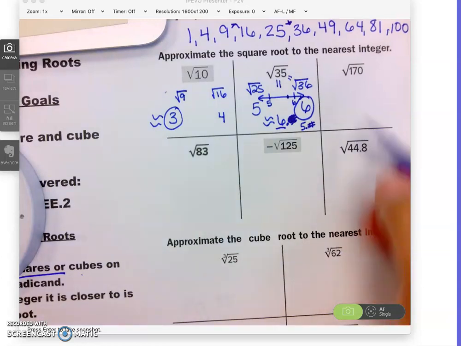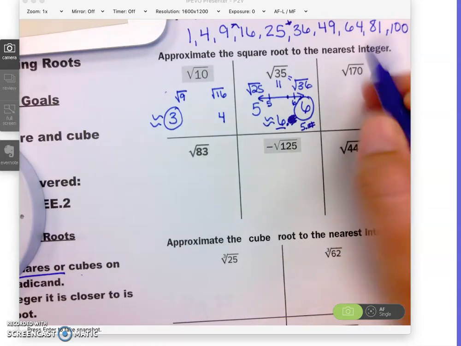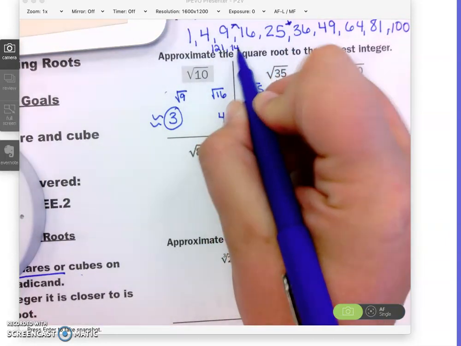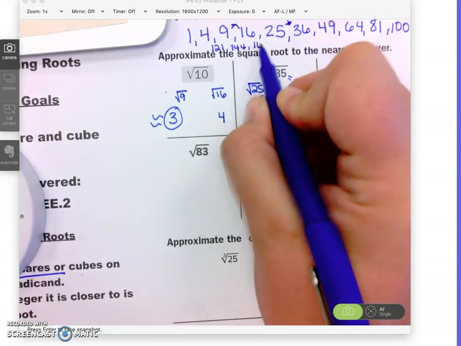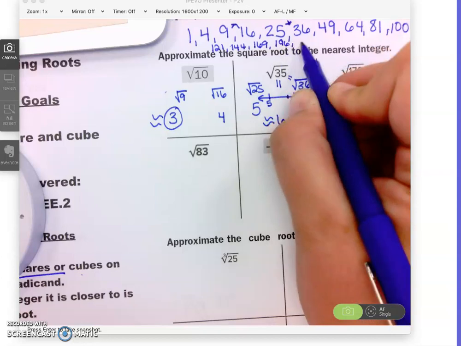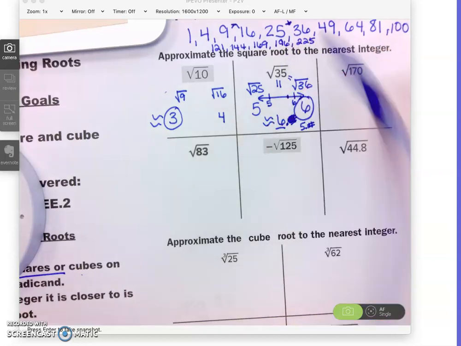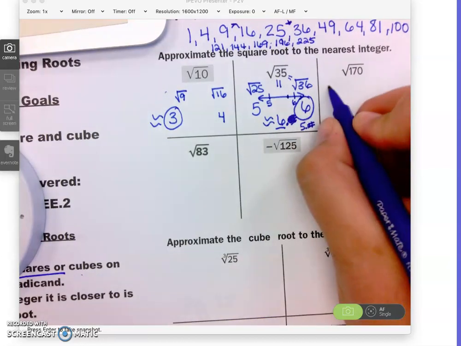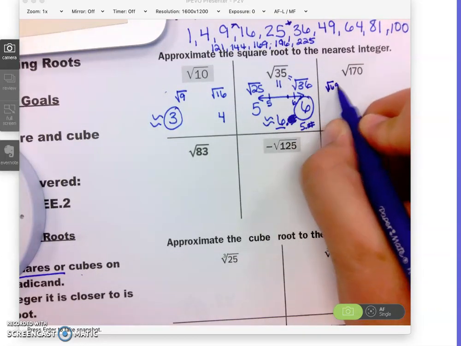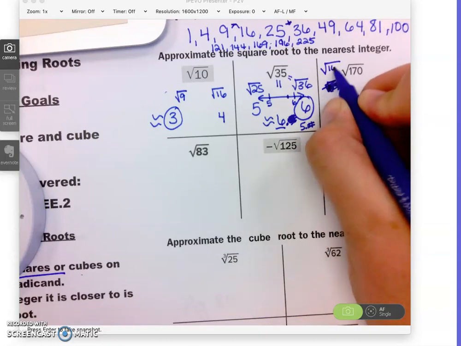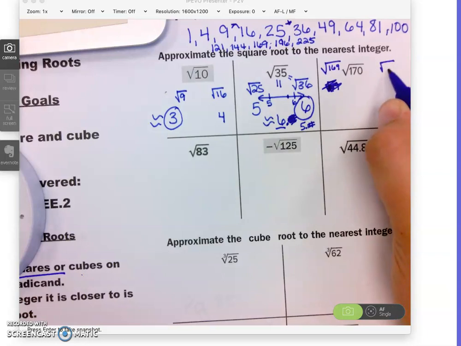Okay, now if I look here, 100 is my biggest number, so I should actually go up. So 11 times 11, 12 times 12, 13 times 13, 14 times 14, and 15 times 15. So now 170 would go right in here. So square root of 169, square root of 196, I think.